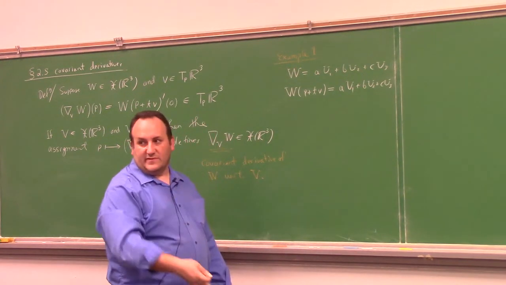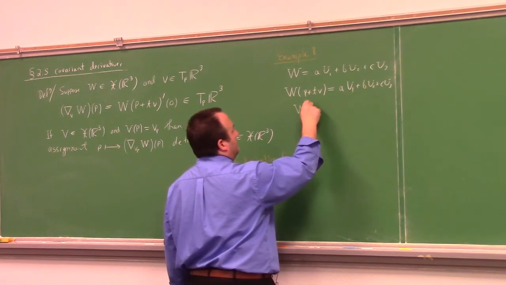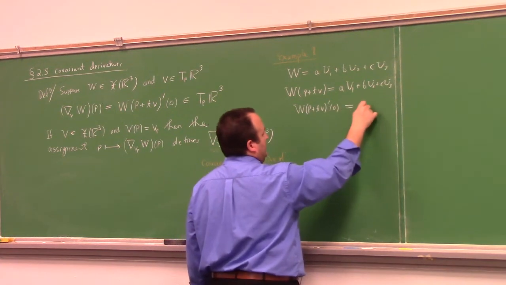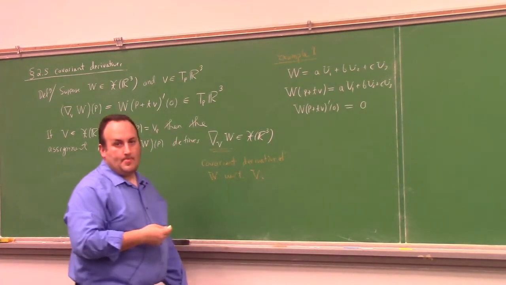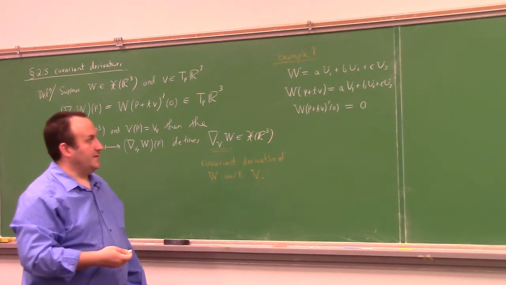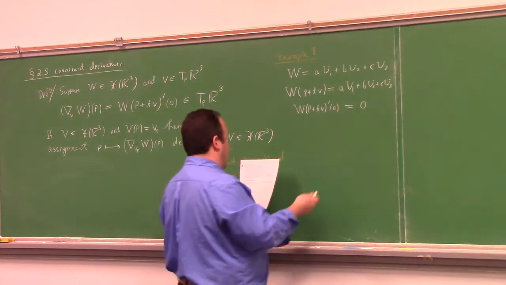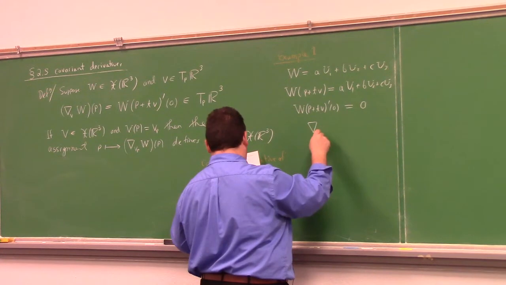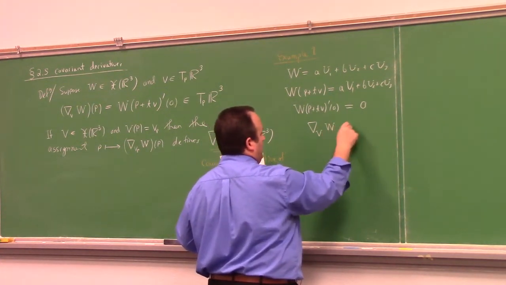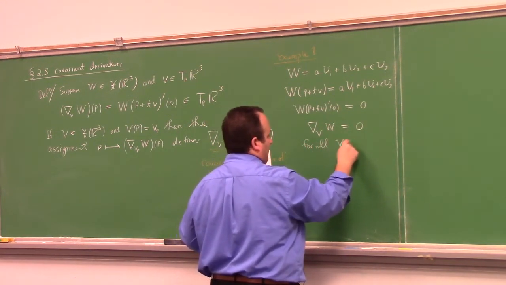So what's the derivative of that? It's just 0, right? There's no time change in the components of the parameterization of W. And as such, this gives us that the covariant derivative of v of W is equal to 0 for all v.